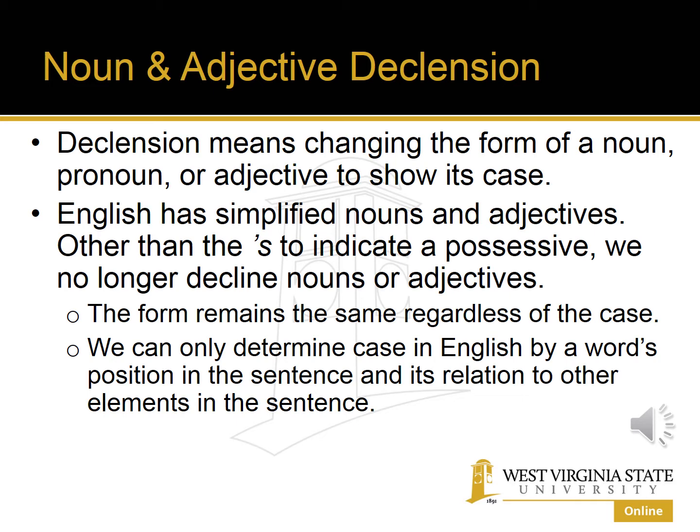In a language with full declensions such as Latin or German, it is theoretically possible to move the nouns in the sentence to any position and the sentence will still make sense because the ending tells us if the word is the subject, the direct object, or the indirect object.